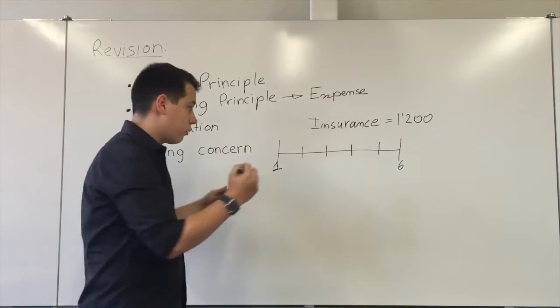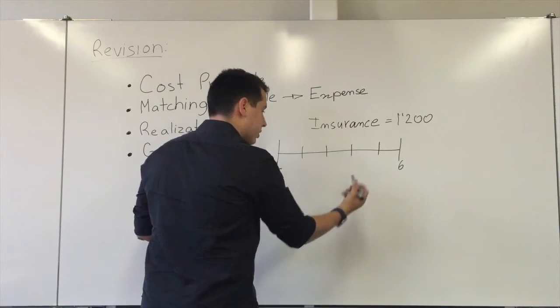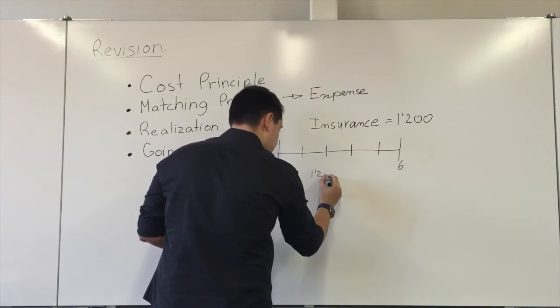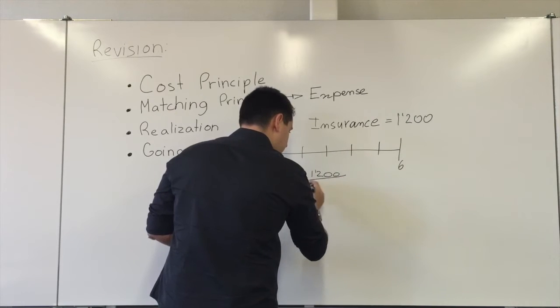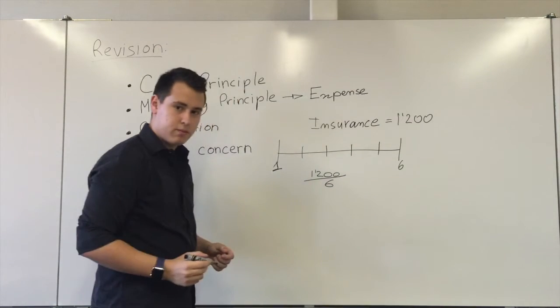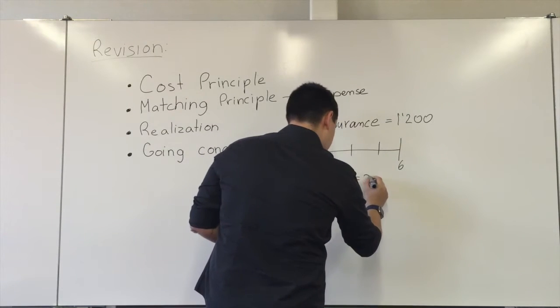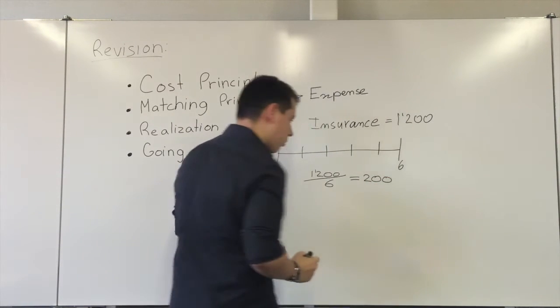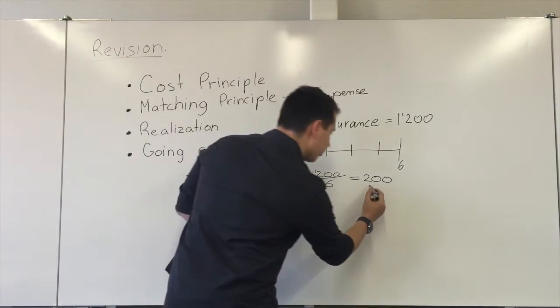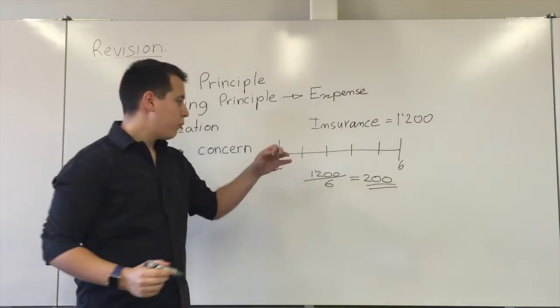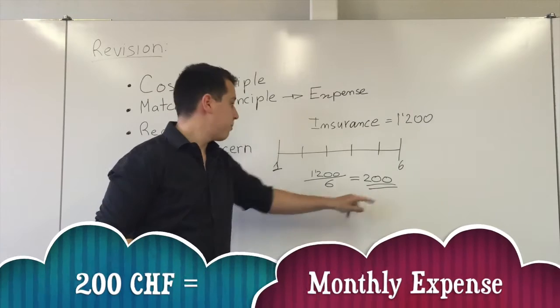So basically, what we're gonna do is divide 1,200 by 6. And we're gonna get 200. This 200 represents a monthly expense.